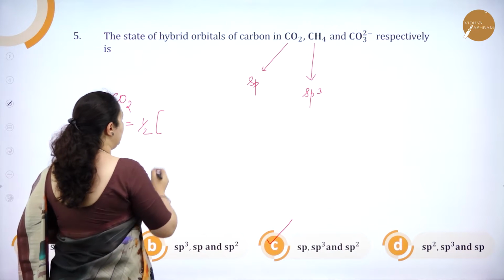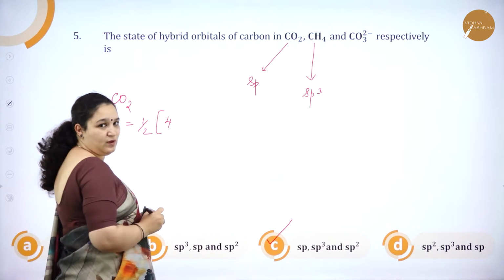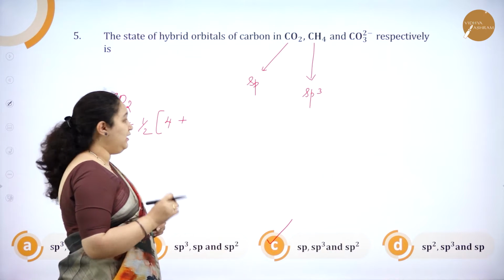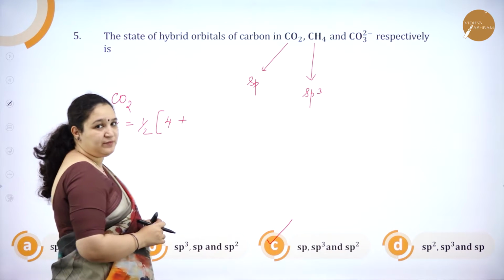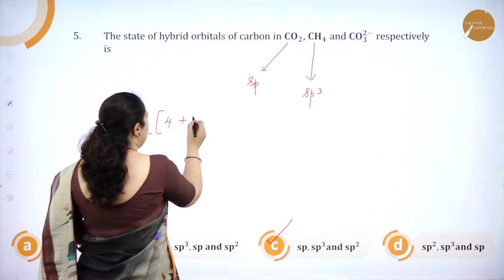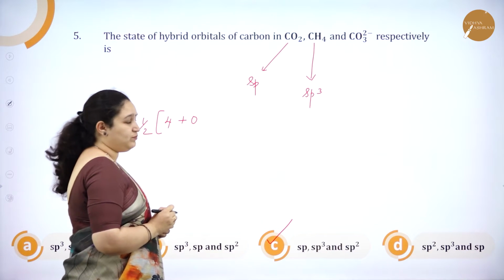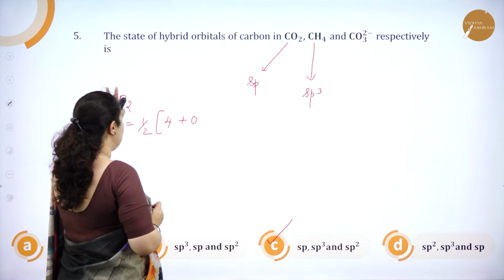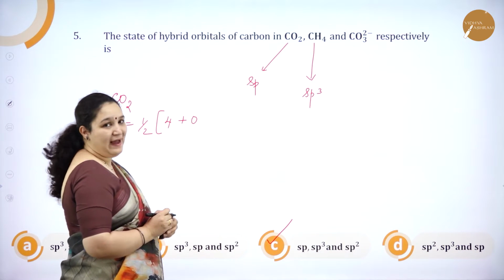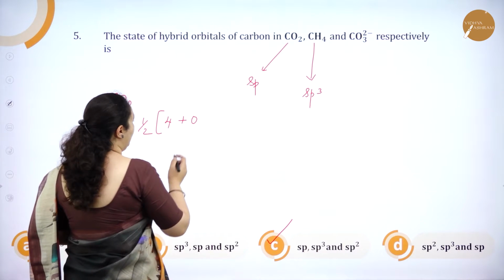Central atom is carbon here. Valency is 4. Then I have to add any monovalent atoms attached to it. Oxygen is attached but it is not monovalent, so it is 0. There is no charge on this, it is neither a cation nor an anion, so I don't have to add or subtract anything here.